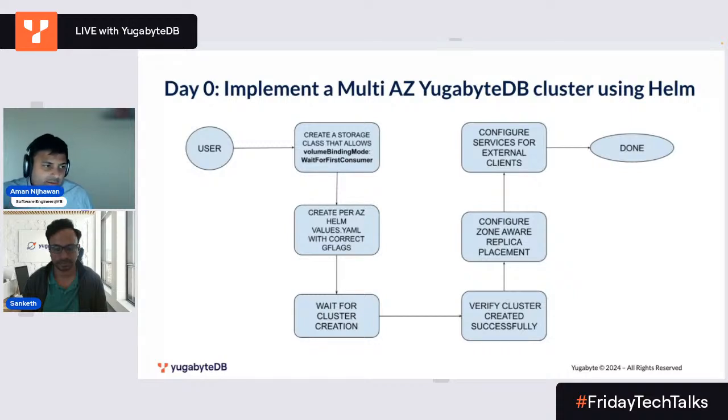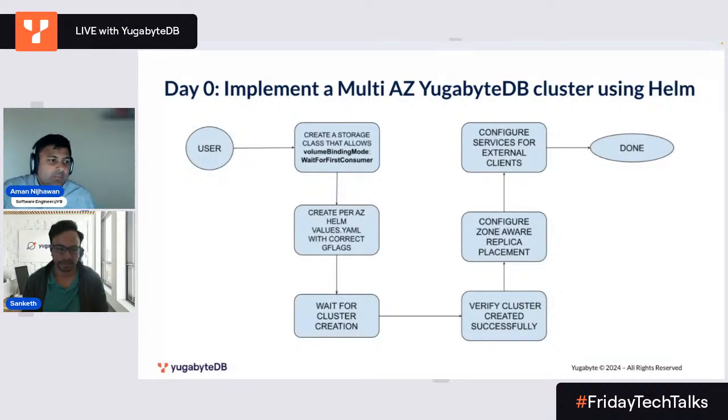In each values.yaml, we have to pre-compute some addresses of the YB masters, and also pre-compute placement info. For example, each values.yaml will say this is for this AZ, this is for this region, and all of that needs to be managed outside of Helm. The pre-computation is needed because each AZ has one master, and you have to inform that master about the other masters. Yes.